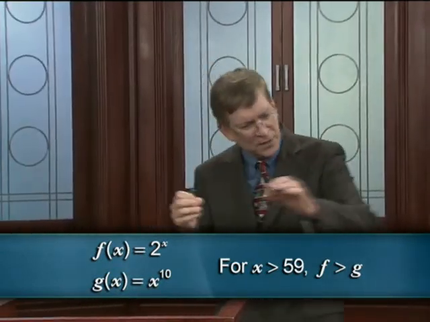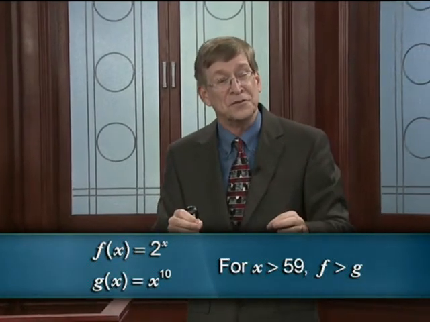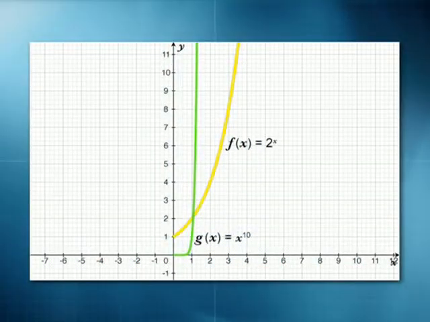Exponential functions, when they're increasing, increase faster than polynomial functions. Sure, x to the 10th is pretty big, but that exponential function is even bigger. It just takes a while to show up. x has to be bigger than 59. That's a big number.